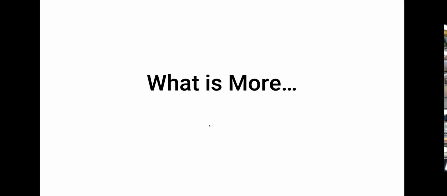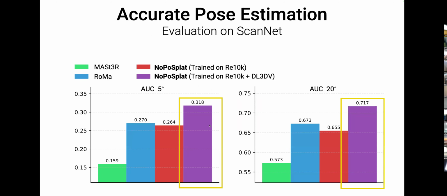There are many more things we can discuss. First, some boring graphs about the pose estimation. We evaluate on some common benchmarks, right? As you can see here, these two lines are NoPoSplat, and especially the purple one is where we jointly train on RE10K and DL3DV, and we don't even train on ScanNet, and we can achieve state-of-the-art results on relative pose estimation.